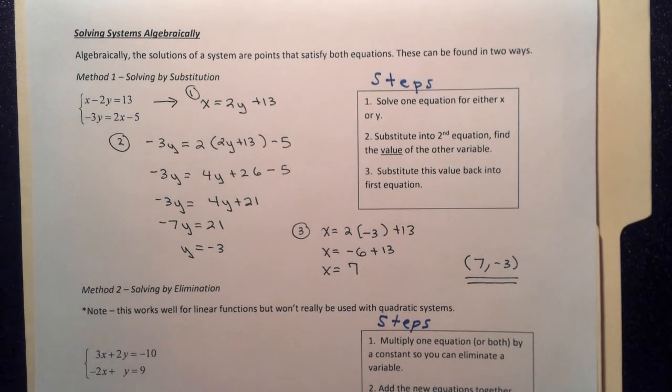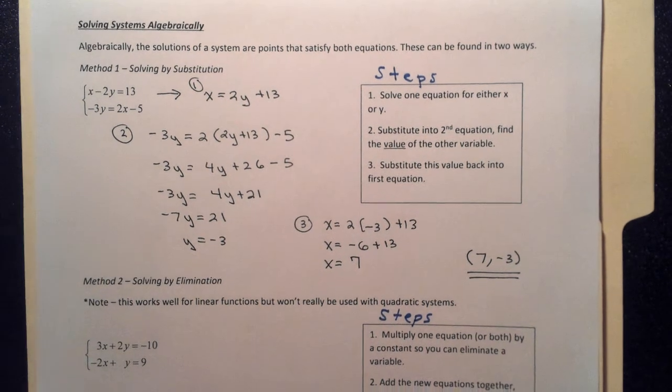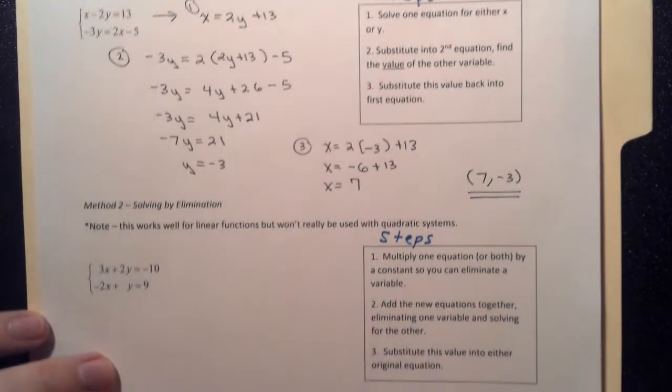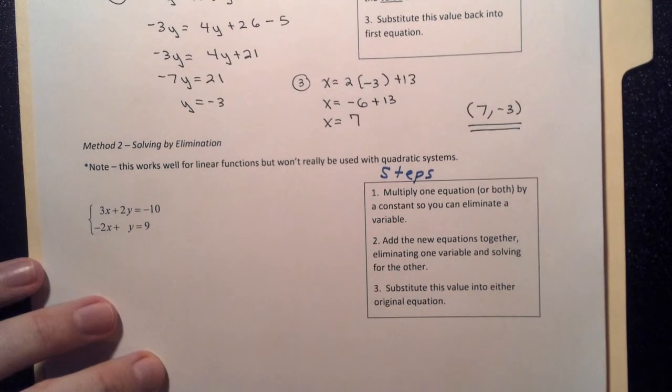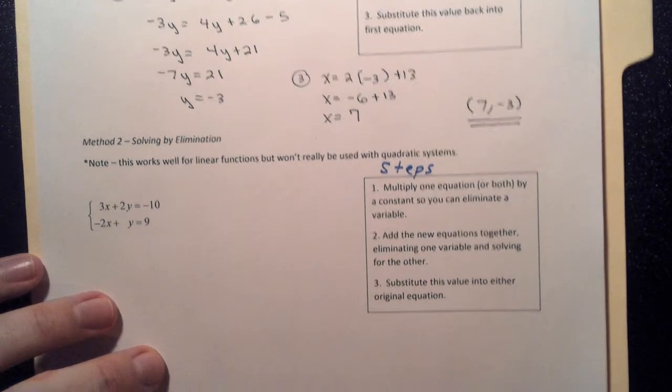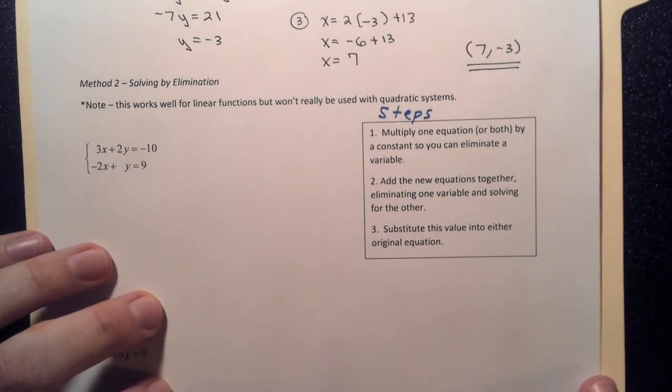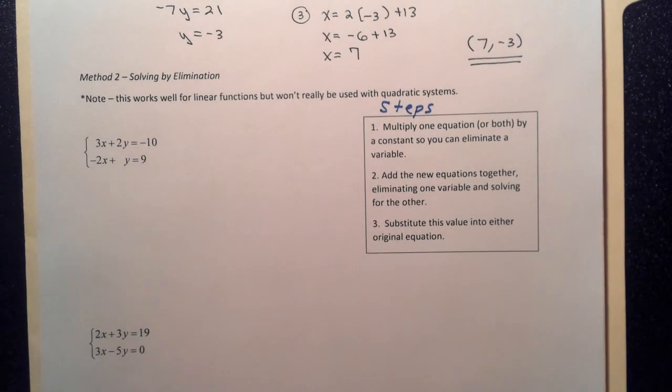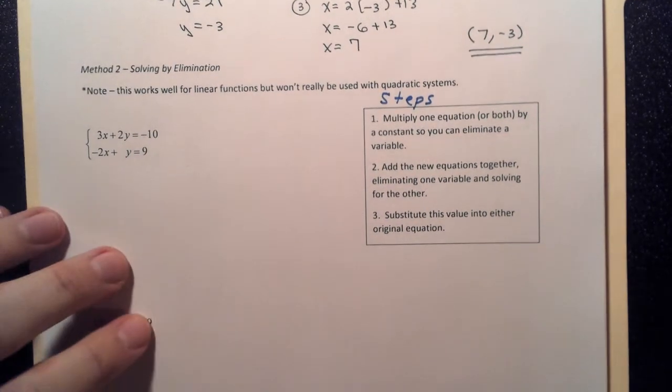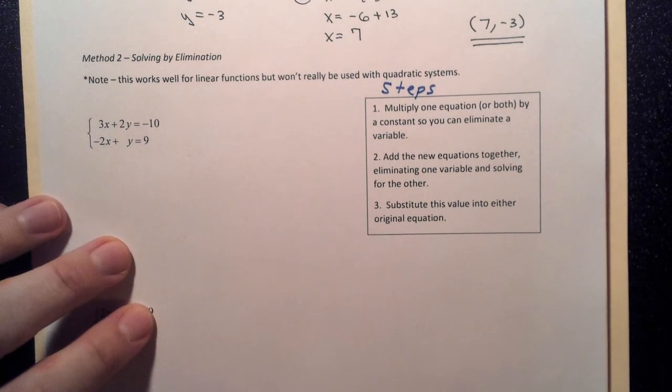This will be the primary way that we deal with solving quadratic equations, but there's a very good method that works for linear systems as well, which we should review. Even though this works very well for linear systems, it's not really useful for quadratic systems most of the time, which is to say you'll pretty much be using substitution when it comes to quadratic systems.